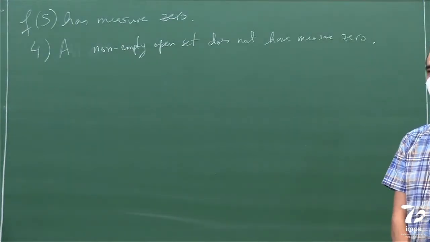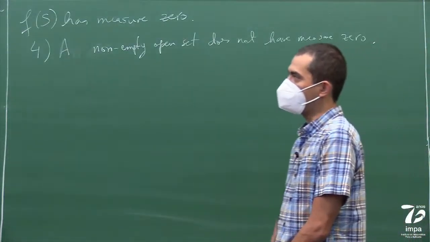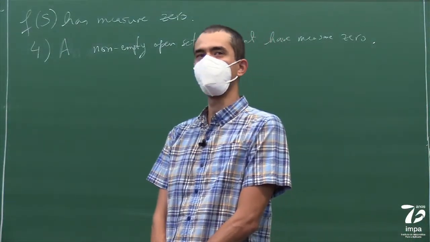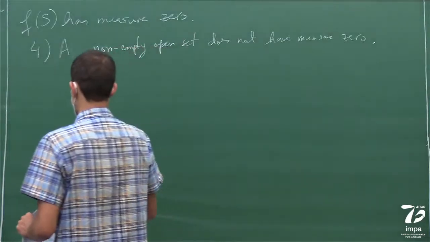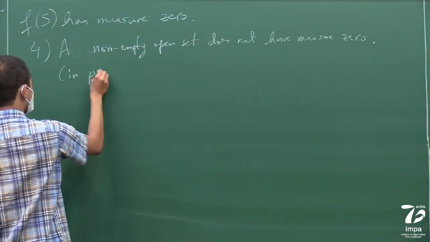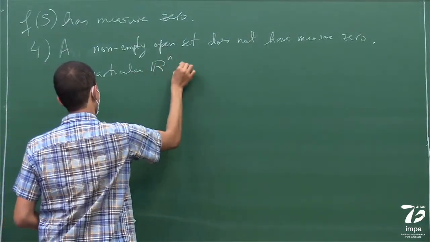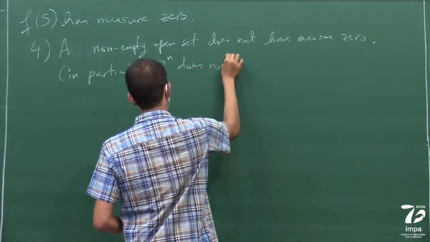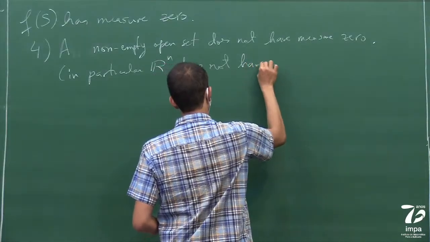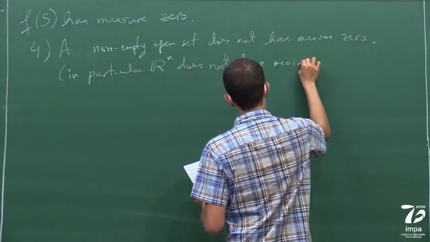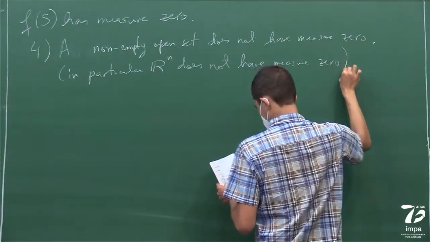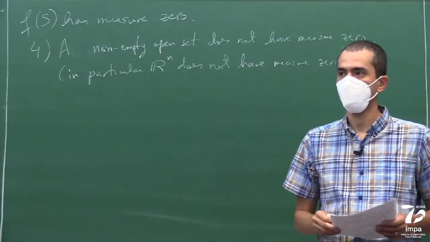In particular, Rn does not have measure 0.